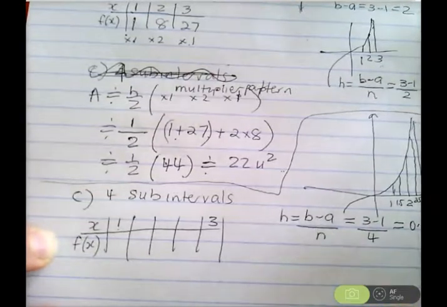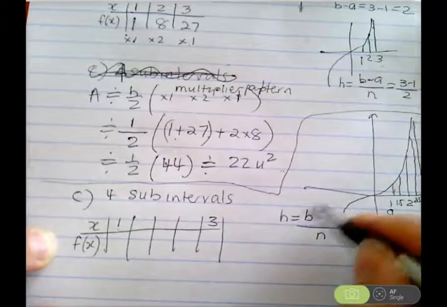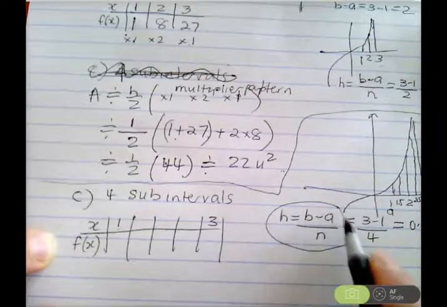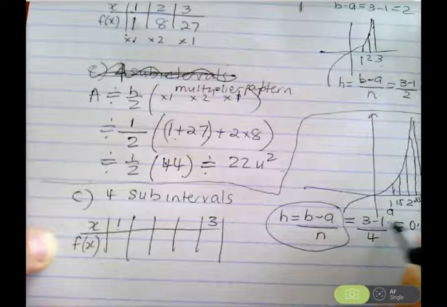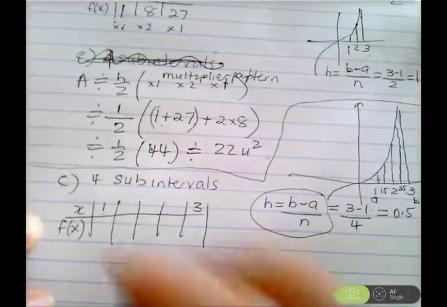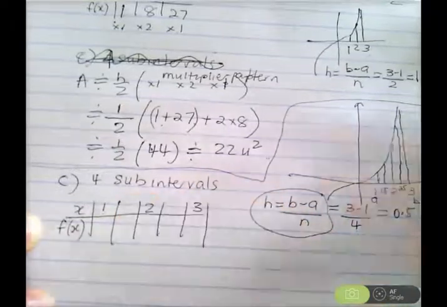So the formula is: b is the end point of the interval, a is the beginning of the interval, divided by how many subintervals. You have to learn this formula. The height of your trapezium is b minus a over n, which is 3 minus 1 over 4, which is a half.